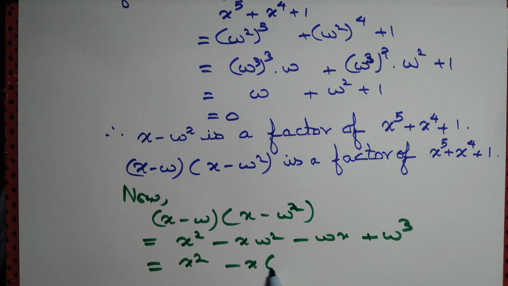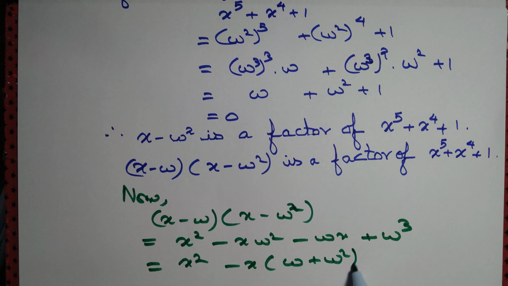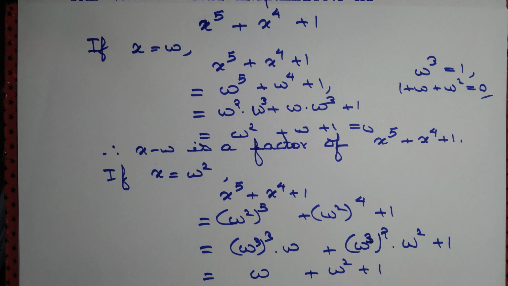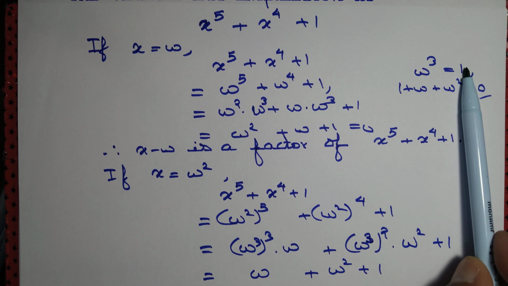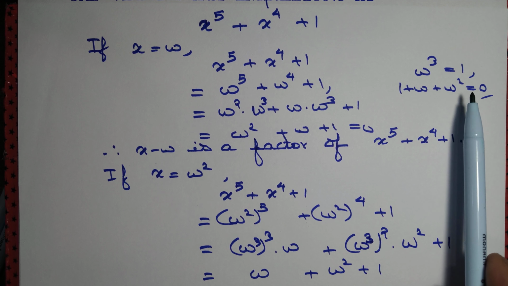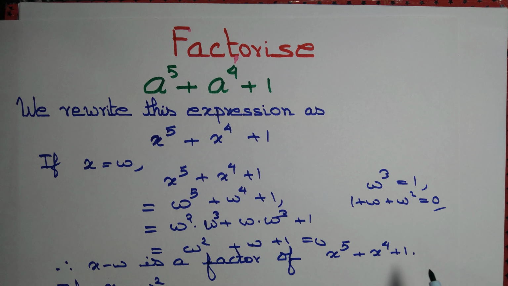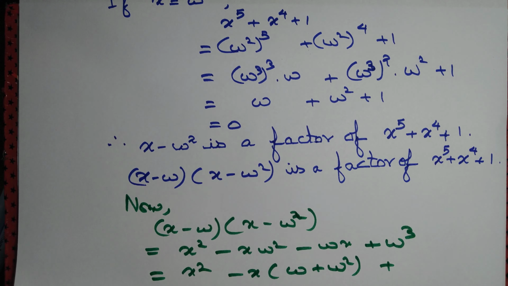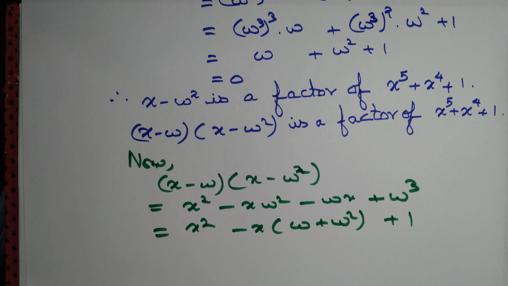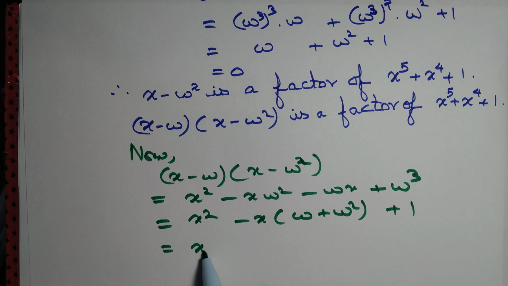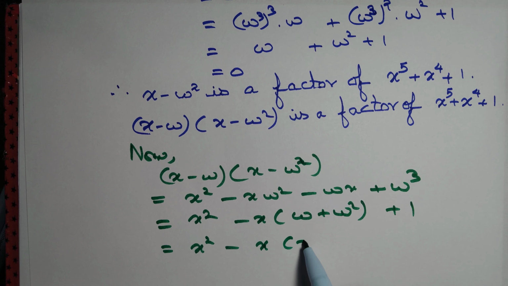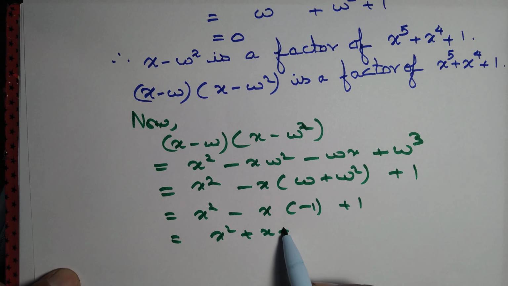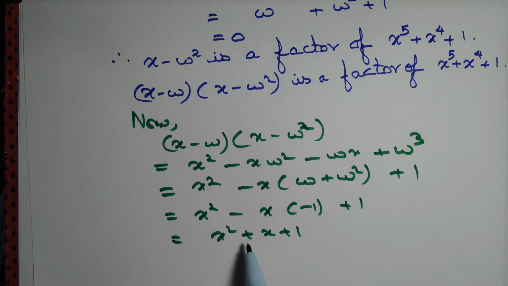Take minus x common, you get omega plus omega square, and omega cube is 1, since at the starting we said that omega cube equal to 1, and 1 plus omega plus omega square is 0. That can be written as omega plus omega square equal to minus 1. So we get x square plus x plus 1.